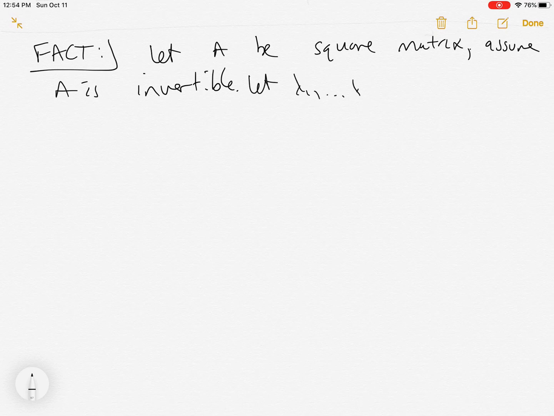Let lambda 1 down to lambda m be the eigenvalues of A.